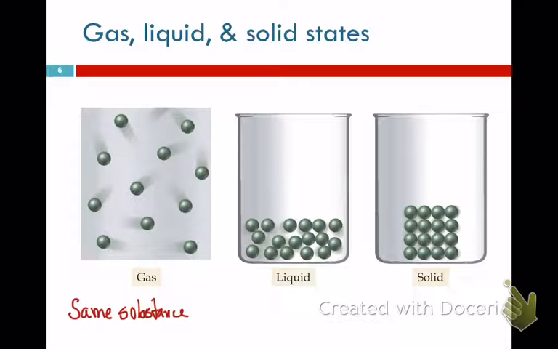Like for water, low temperature, solid, that would be this one over here. In between temperature, between 0 and 100, you get a liquid state. This is below 0 degrees Celsius. And then over here, it's high temperature, above the boiling point, it's in the vapor state. So this is the high energy state, and this is the low energy state.